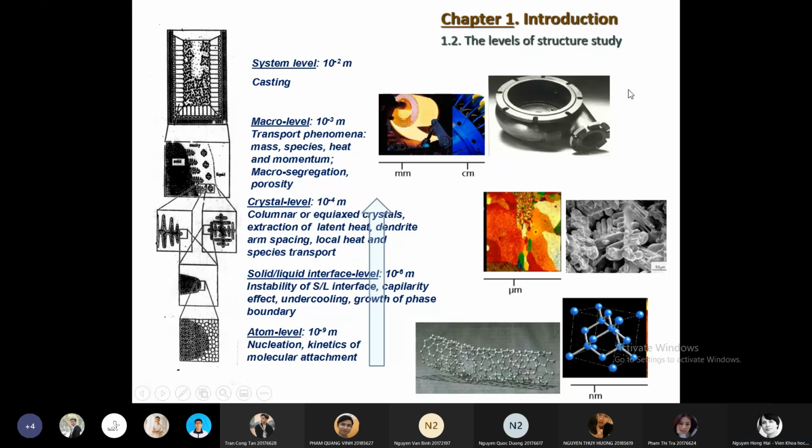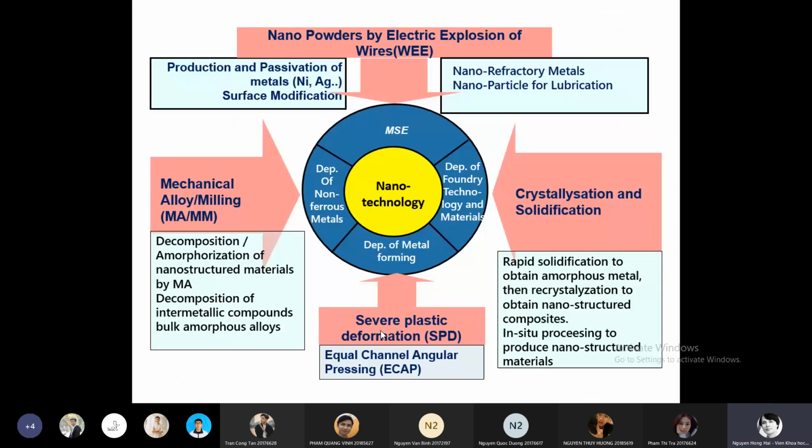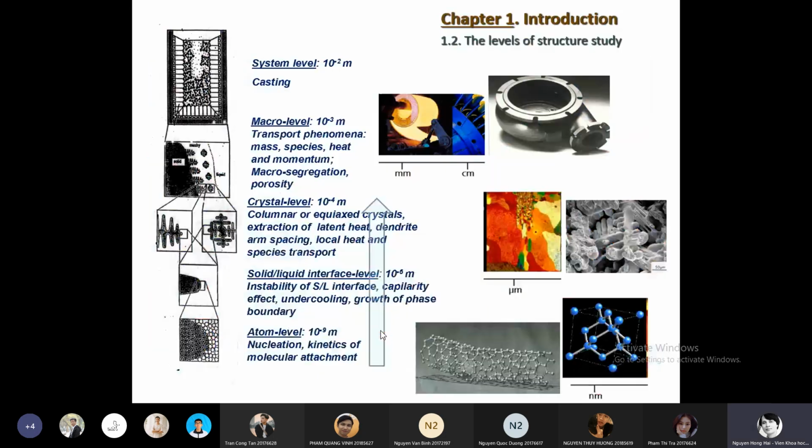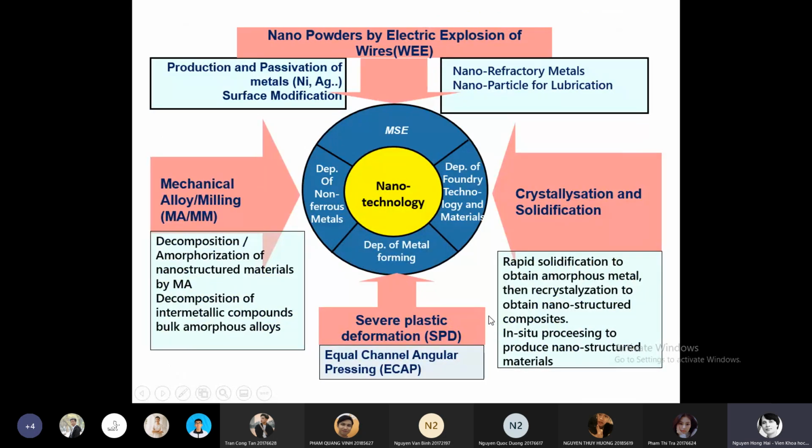This is the level. There are other processes. For nanotechnology, in our department, in our institute, we have some routes to make nanostructured material.